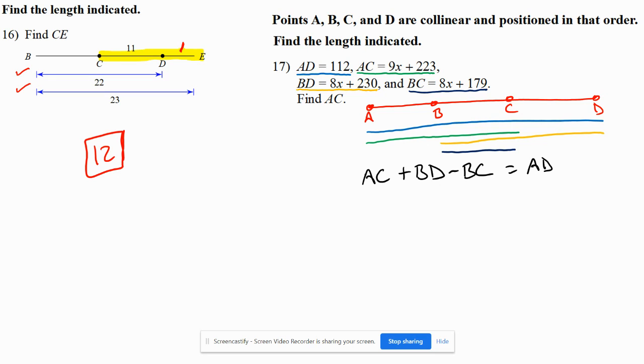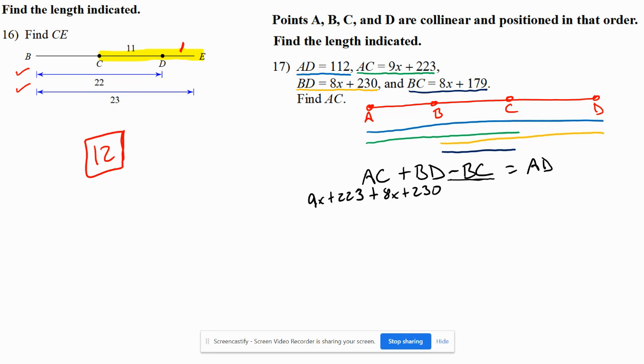All right, about AC, I know it is 9x plus 223. BD, I know, so I'm going to go plus 8x plus 230. Now minus BC, this is very important, minus BC.